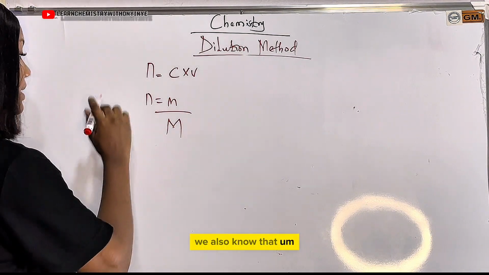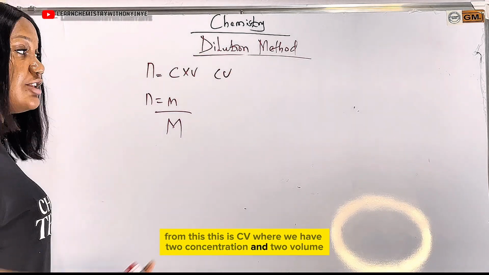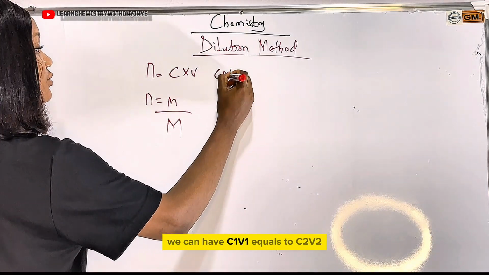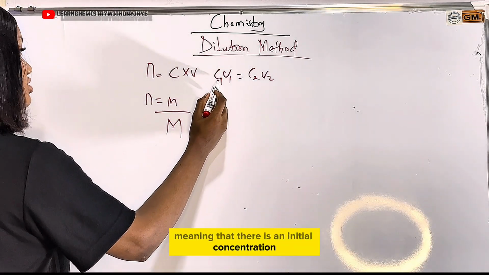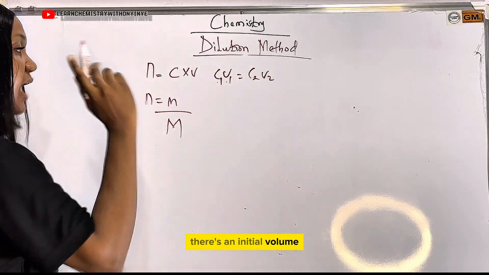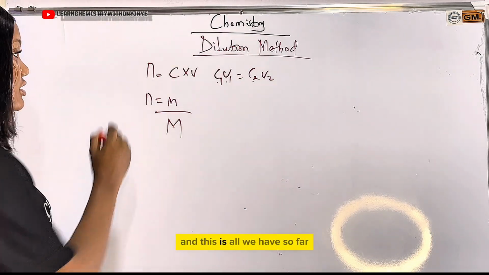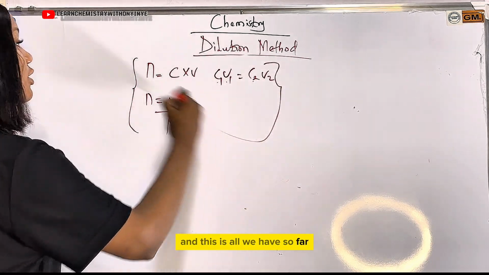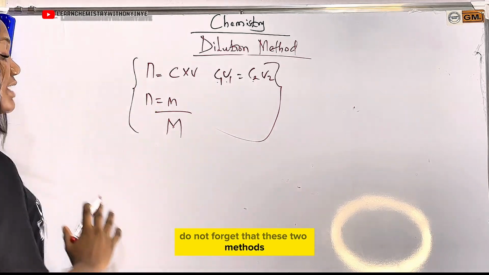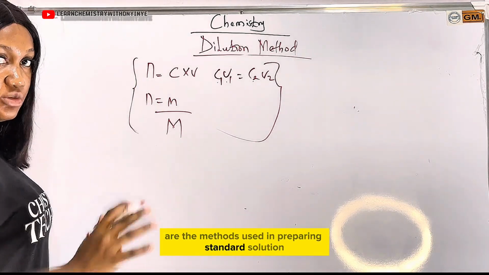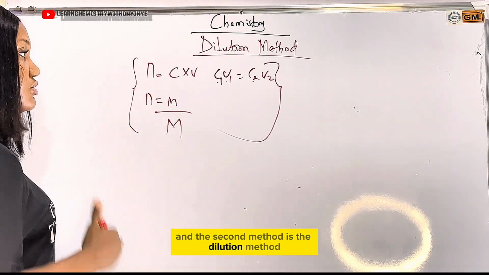We also know that from this CV, where we have concentration and volume, we can have C1V1 equal to C2V2, meaning that there is an initial concentration and an initial volume. After dilution, there's another concentration and there's a new volume. And this is all we have so far from the weighing method and the dilution method. Do not forget that these two methods are the methods used in preparing standard solution. So the number one method is the weighing method, and the second method is the dilution method.